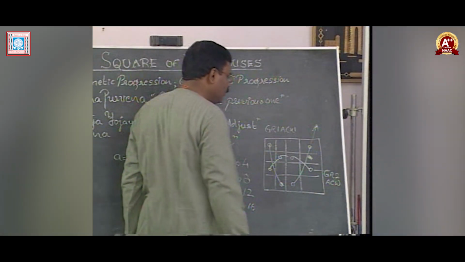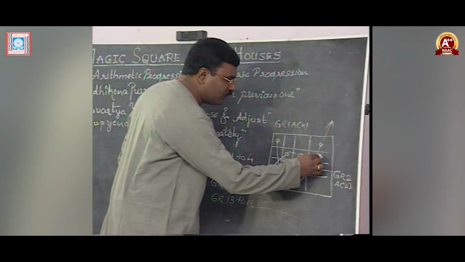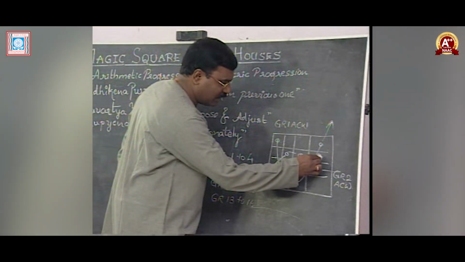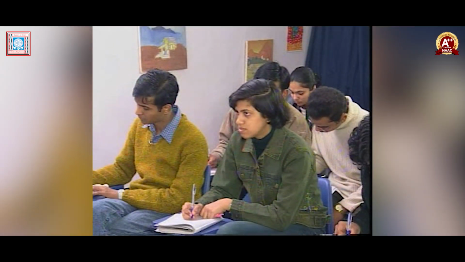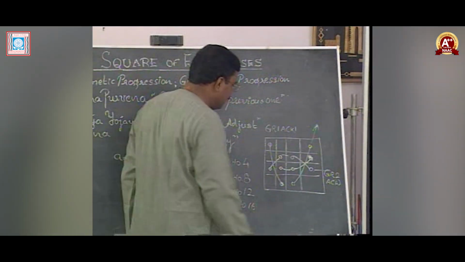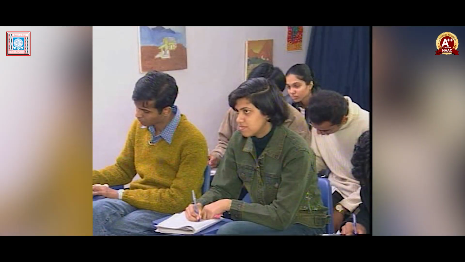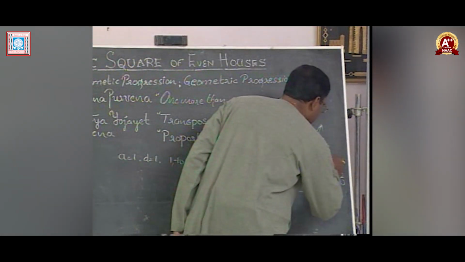The third group moves in the clockwise direction, starting with the second row fourth column. It will move to the third row, third column. Then the third row, second column. Then the second row, first column. In which direction?